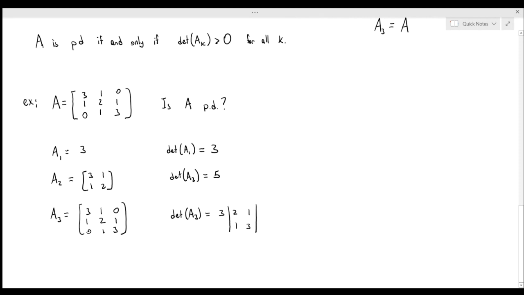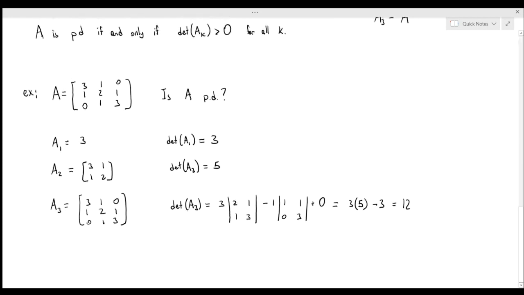Next we do minus 1 times, and I cross out the first row and the second column. We have 1, 1, 0, 3 remaining. And the last one is plus 0. Let's compute all of this. We've got 3 times 6 minus 1, so 3 times 5, and here we have minus 1 times 3. That leaves us with the determinant being equal to 12.